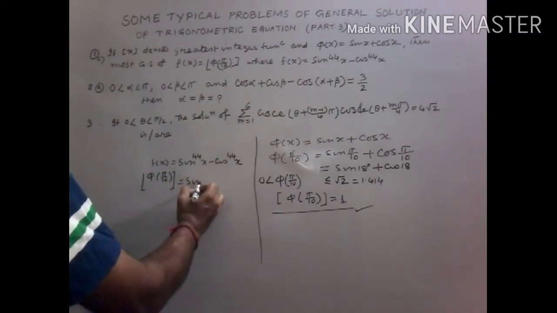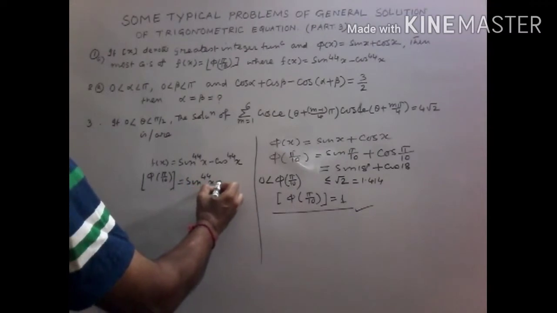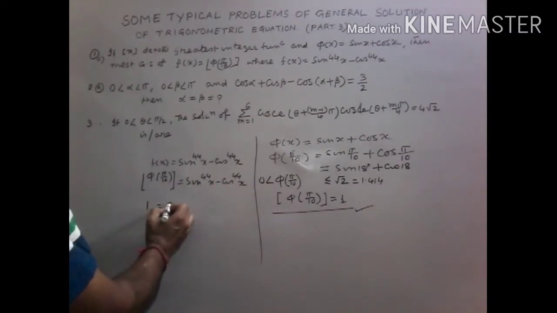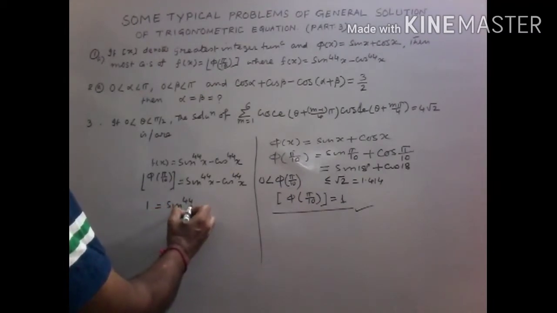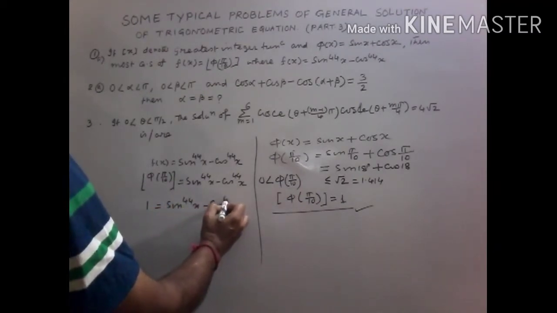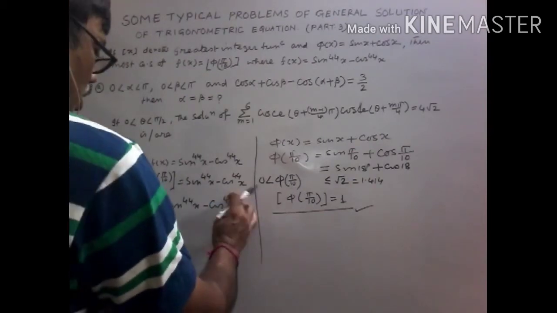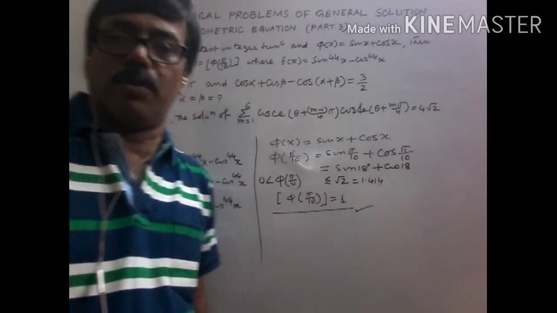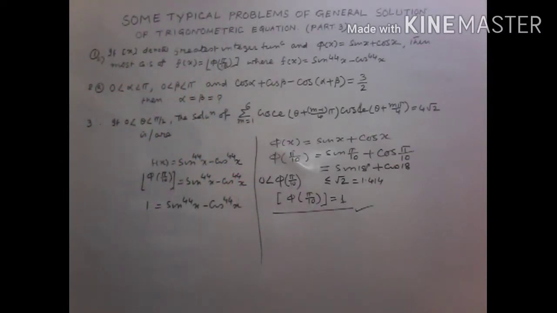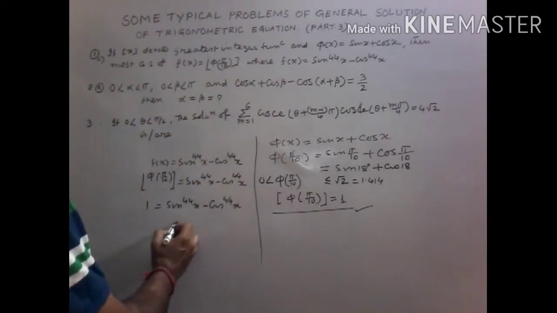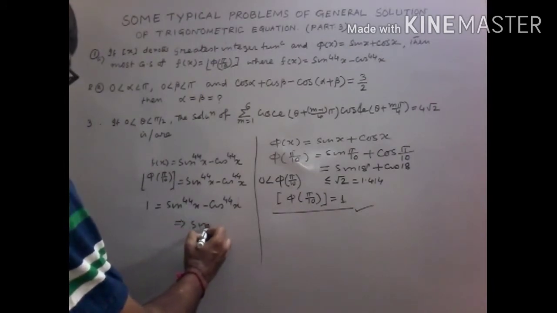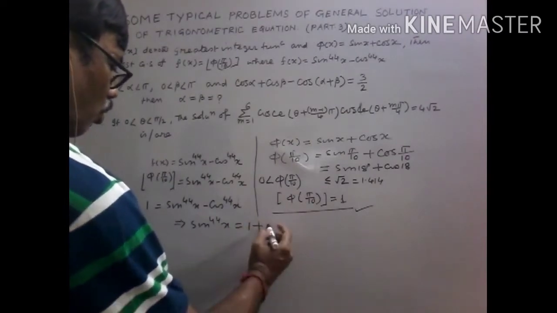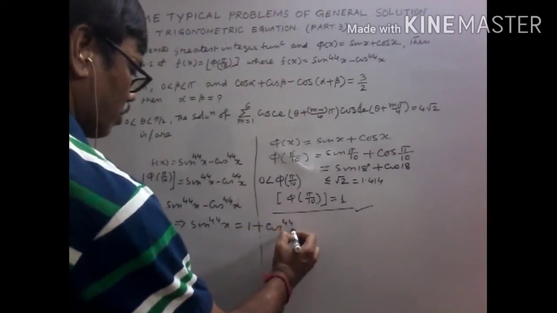So 1 equals sin to the power 44x minus cos to the power 44x. We have already discussed this type of problem in earlier videos. So what we are getting is sin to the power 44x equals 1 plus cos to the power 44x.